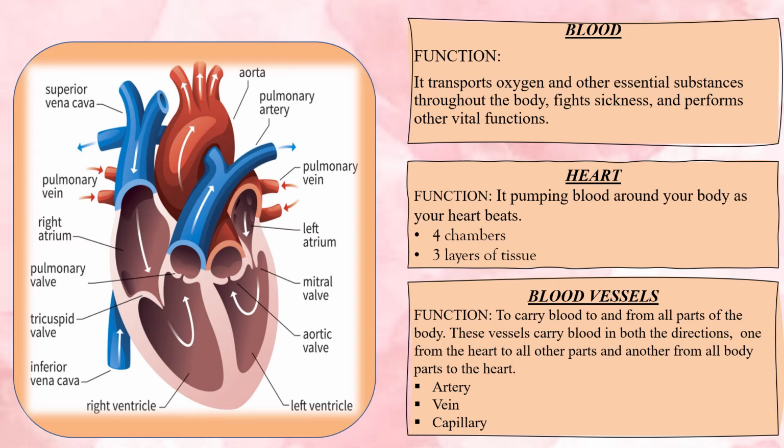So it goes to the lungs first to pick up the oxygen and returns to the heart through the pulmonary vein and straight to the left atrium. Then it will go through the mitral valve, or we call it the bicuspid valve, and go to the left ventricle.